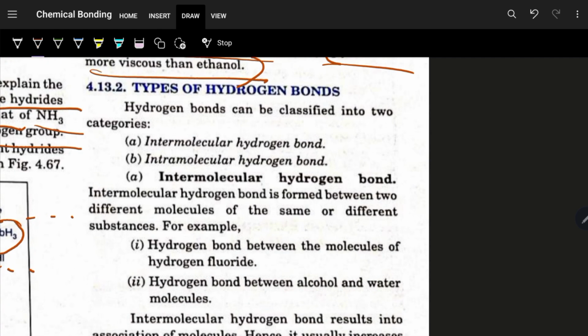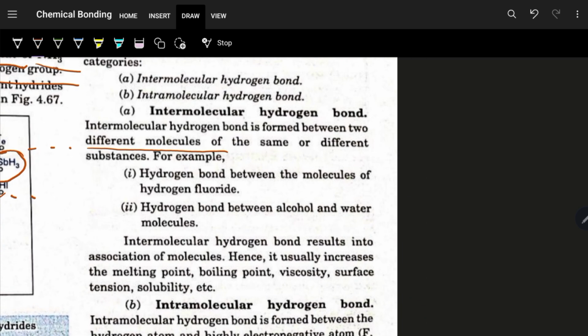Now in the introduction, I told you there are 2 types of hydrogen bond. One is intermolecular and the other is intramolecular. Intermolecular hydrogen bonding exists between different molecules of the same substance, like in HF, like in NH3, like in H2O. These are intermolecular hydrogen bonding, also like in alcohol and water.